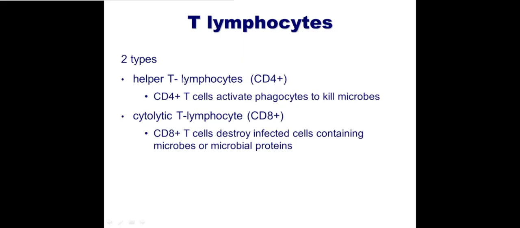Helper T lymphocytes, which are CD4 T cells, activate phagocytes to kill microbes, and cytolytic T cells, that is CD8 plus T cells, destroy infected cells containing microbes or microbial proteins.